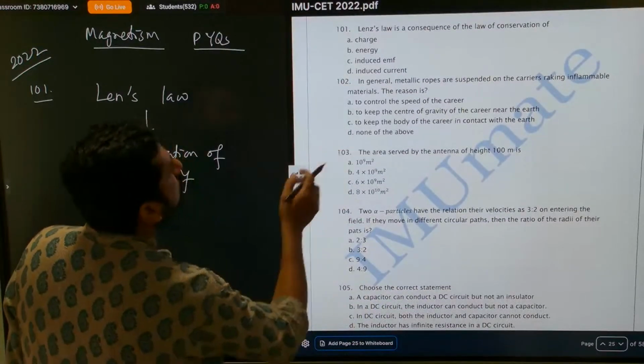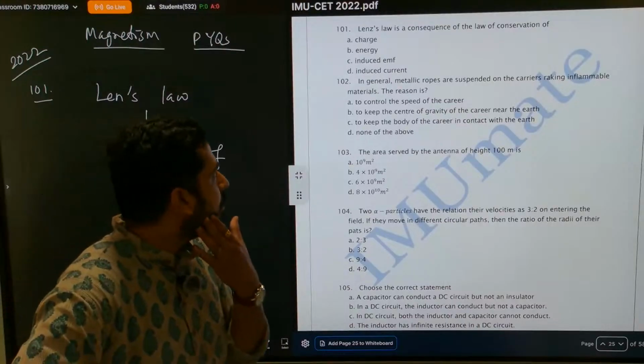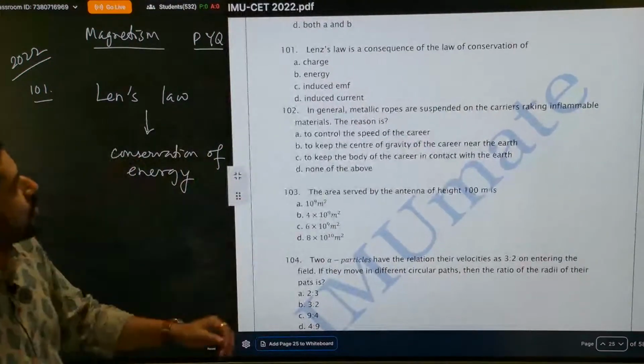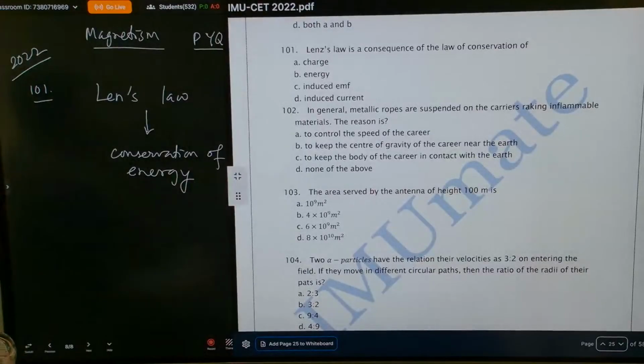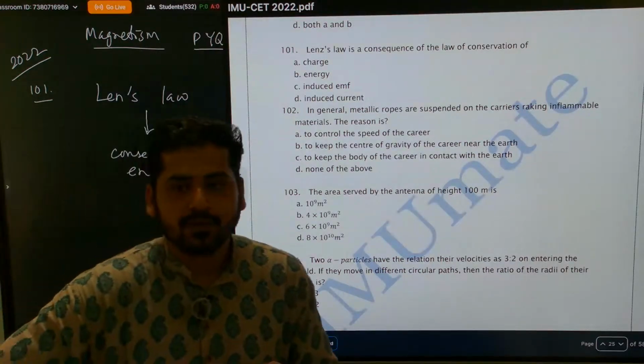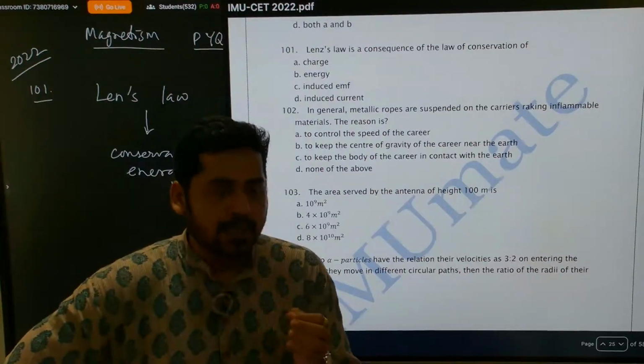Okay, in general, metallic ropes are suspended on carriers taking inflammable materials, the reason behind it. Look at question number 102. Sir, what is the difference between charge and energy? Charge is a fundamental property of a body. Okay, so she asked what is the difference between charge and energy. What is energy?